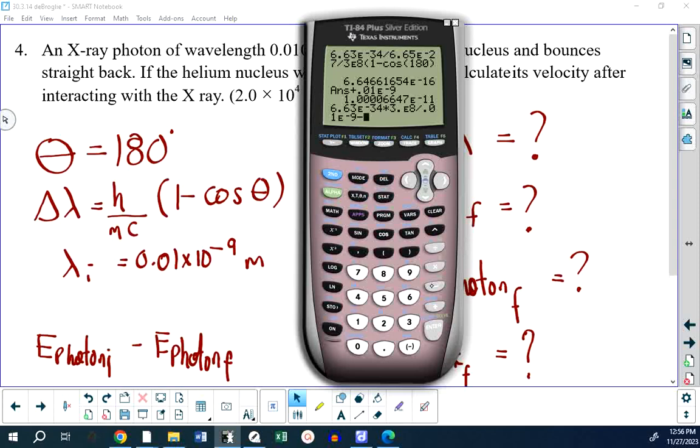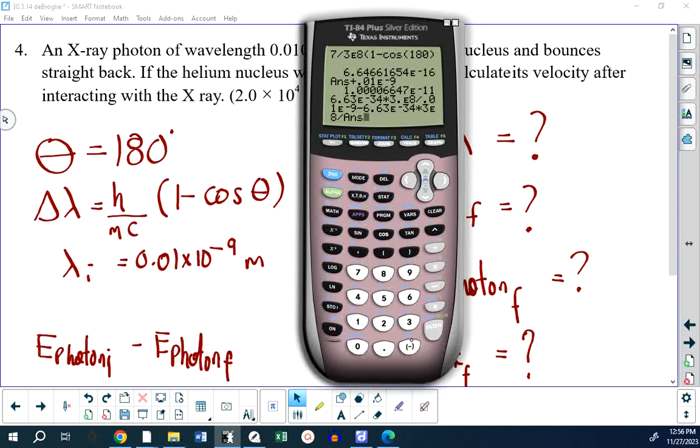hc over lambda minus hc over the new lambda, which is currently the answer on my calculator.